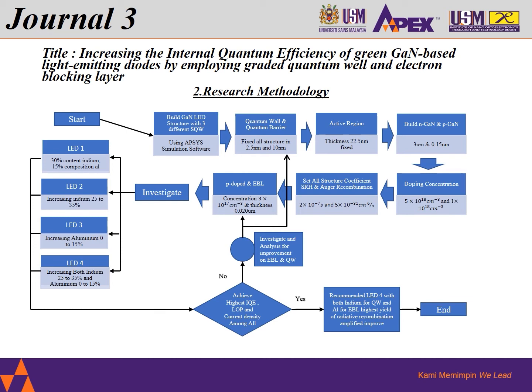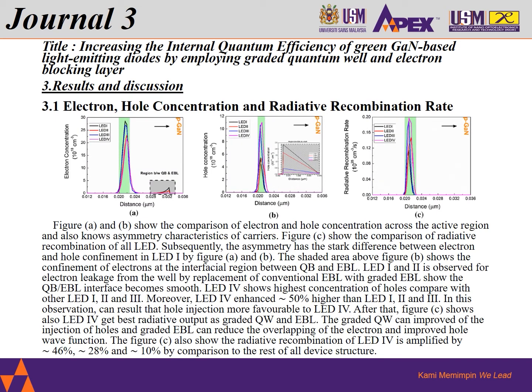As for results and discussion, this is about the figure. As you can see, figures A and B show the comparison of the electron and hole concentration across the active region, and also the asymmetry characteristic of carriers. Figure C shows the comparison of radiative recombination of all LEDs.